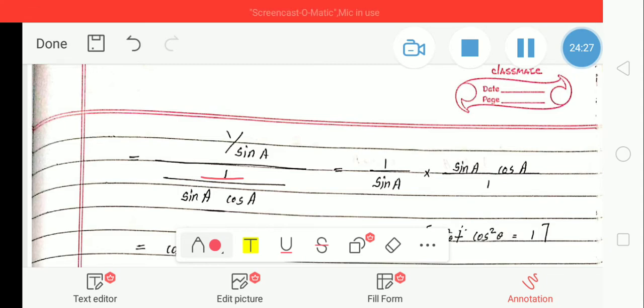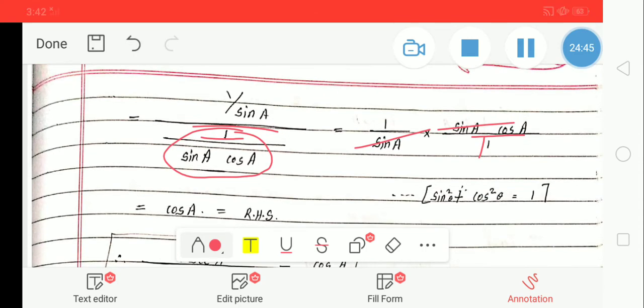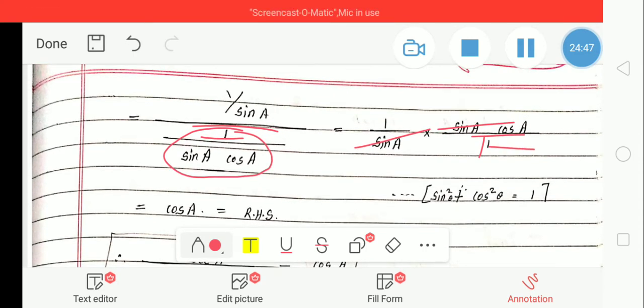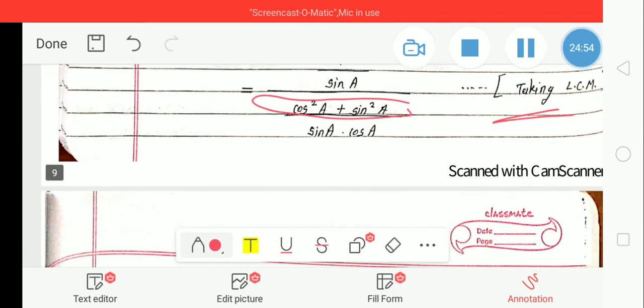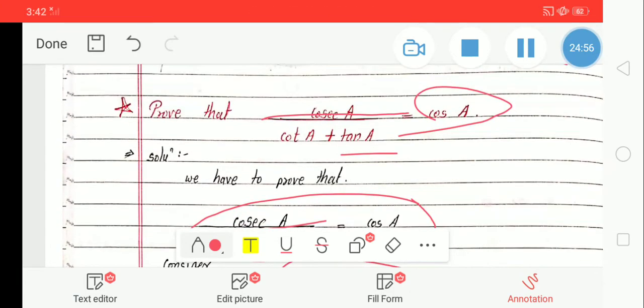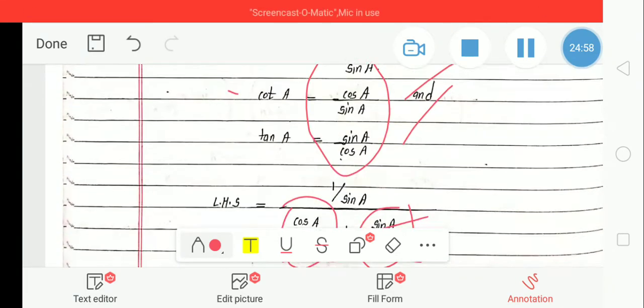Now in this equation, these are divided by these. Now we want to multiply, so हम इसको उल्टा लिखेंगे, meaning 1 upon sin A multiplied by sin A into cos A divided by 1. So here sin gets cancelled, only cos A remains. So cos A is equal to RHS. Hence proved, हमने ये प्रूव कर दिया. cos A फाइंड करने का था ना. Hence cos A, hence proved.